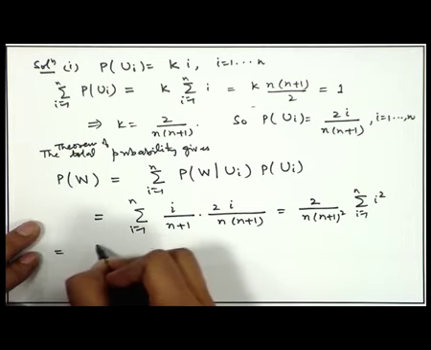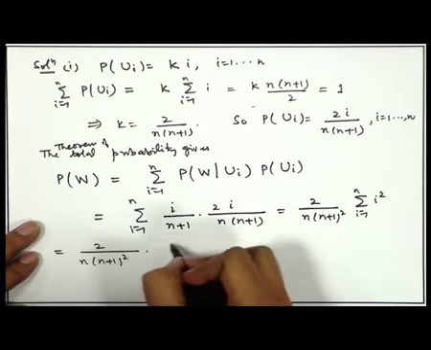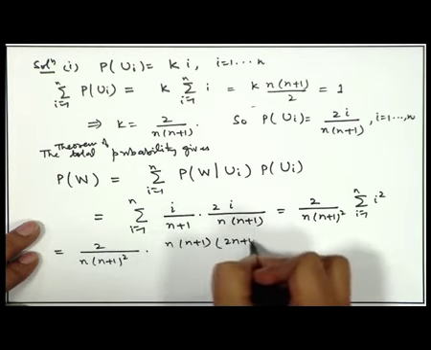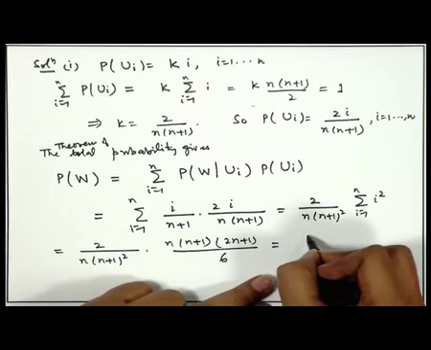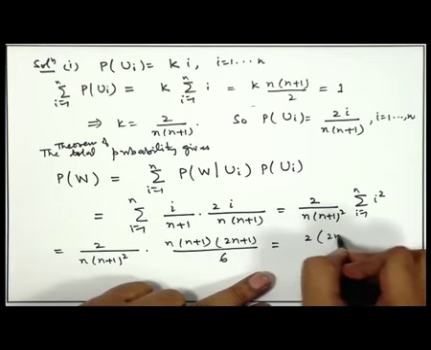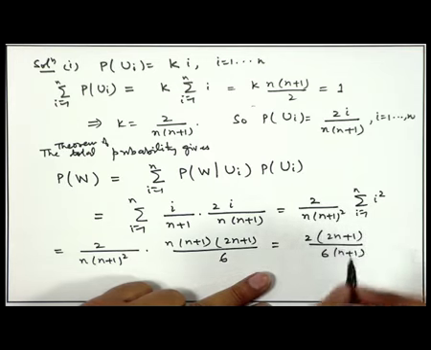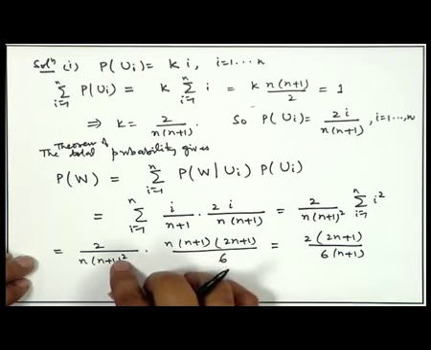So, if we apply that, we get 2 divided by n into (n plus 1) square into n into n plus 1 into 2n plus 1 by 6. So, we can easily simplify this, it is equal to 2 times 2n plus 1 divided by 6 into n plus 1, because n cancels out, n plus 1 cancels out.